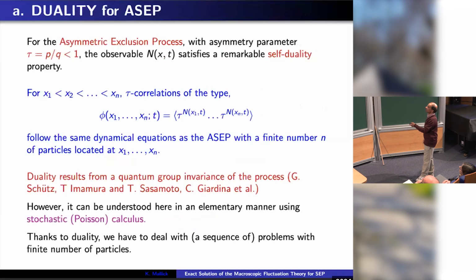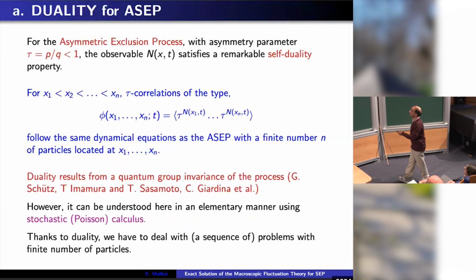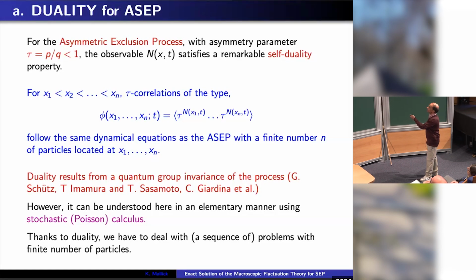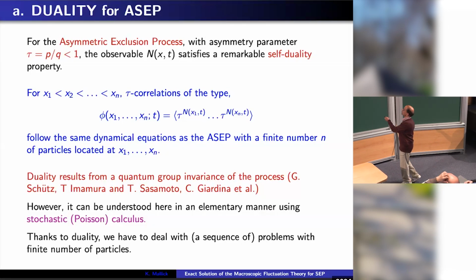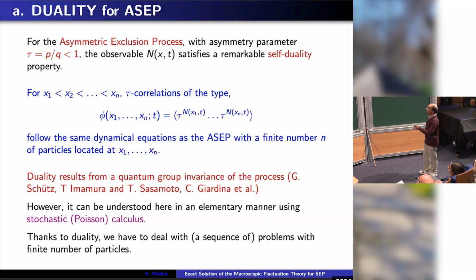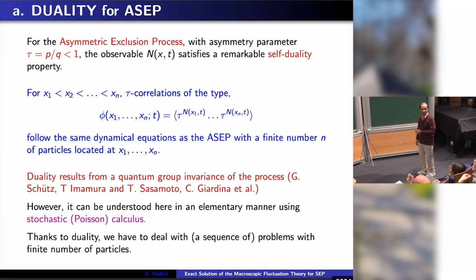And you can break this hierarchy, fortunately, by using a property which is called duality, which was very much studied by, again, Takahashi and Tomohiro and Christian Giardina and many other people. And this is the miracle: instead of considering correlators of n, which would be the natural thing to consider, it's much better to consider correlators of tau to the power n, where tau is the asymmetry factor in ASEP.